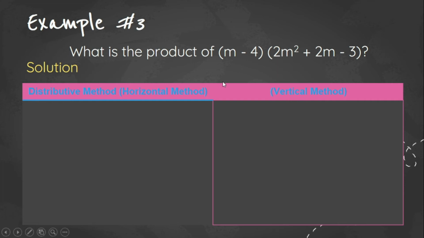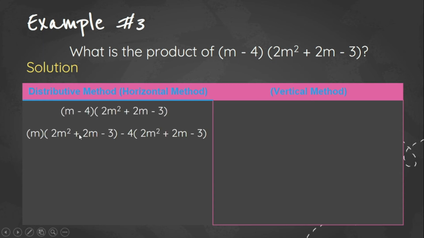Earlier, we distributed the monomial to all terms of the trinomial. But this time, we have a binomial. Meaning to say, we distribute each term to the other expression, and after the first, we distribute the second one too. So, that is the distributive property. Let's have this example.